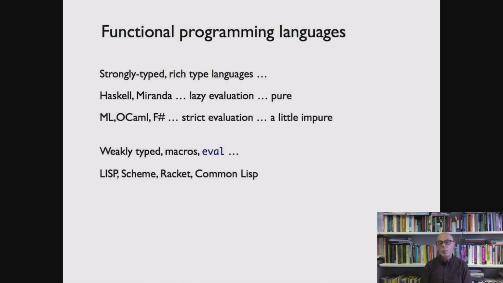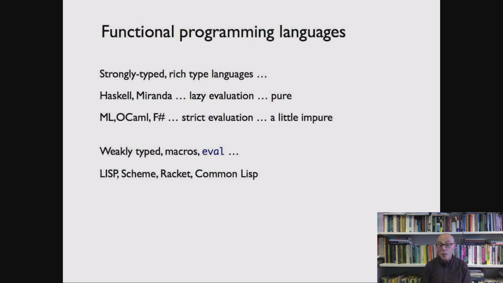At the other end of the spectrum, there are weakly typed languages from the Lisp family. And these are inherently non-typed, if you like, because they have at the heart of them an eval function. So you can construct data and then evaluate that data. So there's no way that you know in advance what type the data you construct will have when it is evaluated.